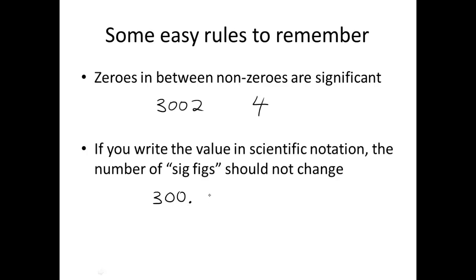It would be better to rewrite it in scientific notation. And we're going to keep sig figs the same. So if there's 3 sig figs here, I could rewrite it like that. Right? It's still worth 300. And it shows the 3 sig figs a little more clearly.